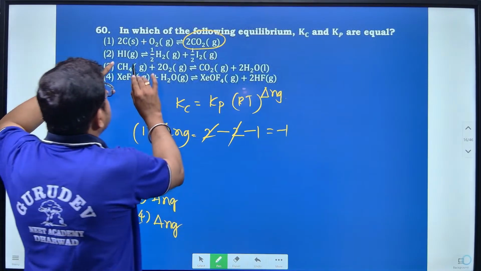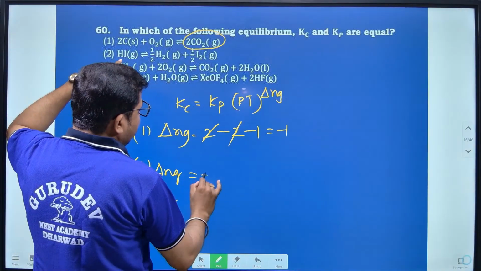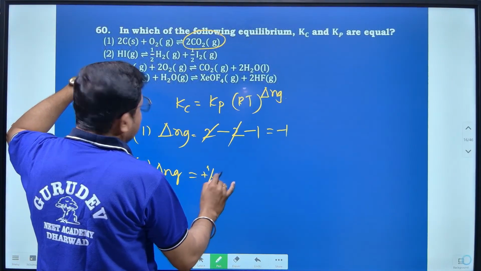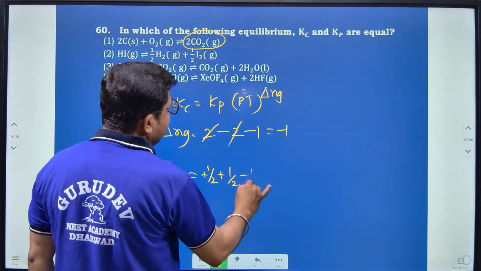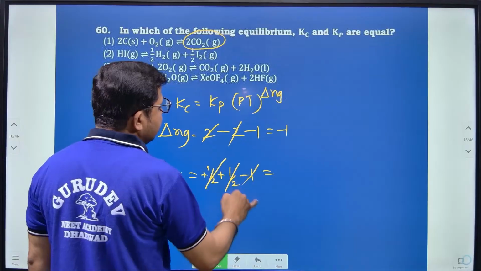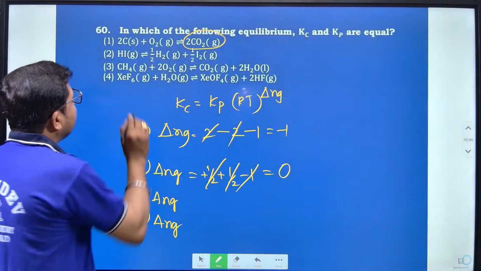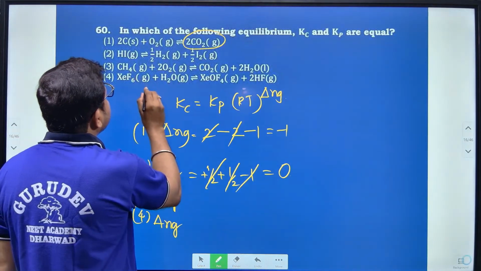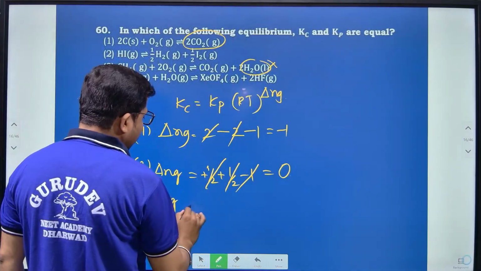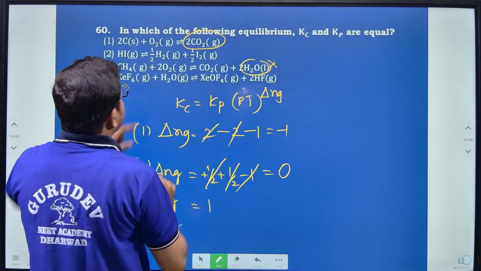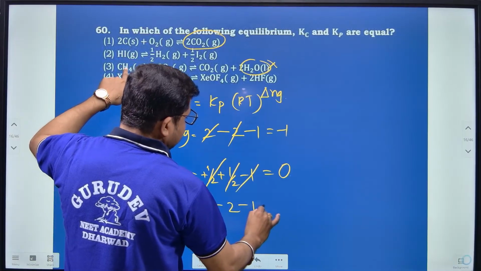And if you go to the second option, this is plus half minus 1. This will be 0 for the second one. Next, the fourth one. This will not be considered, and 1 gaseous molecule is here, minus 2 is here, and minus 1 is here.